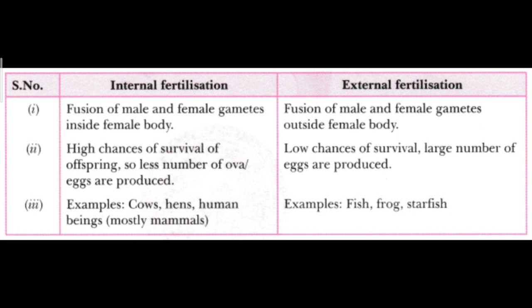The egg is protected inside the female body, so there are more chances for the survival of the offspring. But in external fertilization, there are low chances of survival, so a large number of eggs are produced. Examples for internal fertilization: cow, hen, human beings, mostly all the mammals. And for external fertilization, aquatic animals like fish, frogs, starfish, etc.